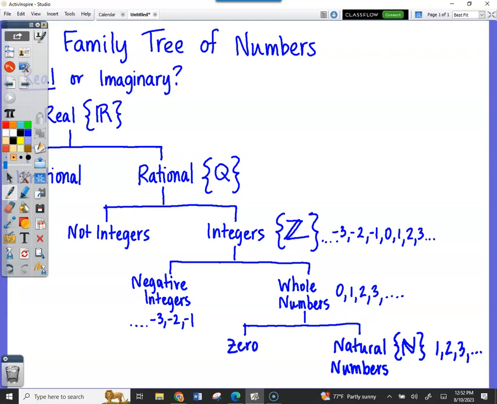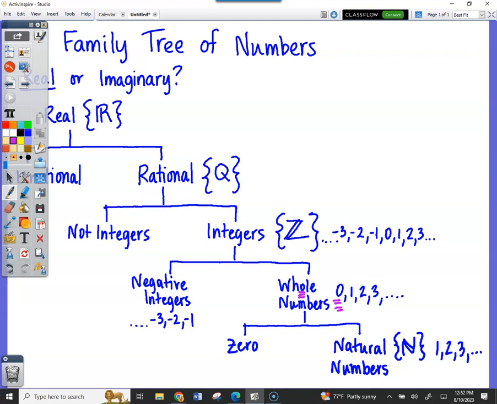Here's how I remember whole numbers. This is stupid, but it works. I need a different color. I don't like red. All right. 0, right here. Right? Whole numbers. That's how I remember whole numbers. Whole numbers include 0, and I always think of the spelling on the word whole.